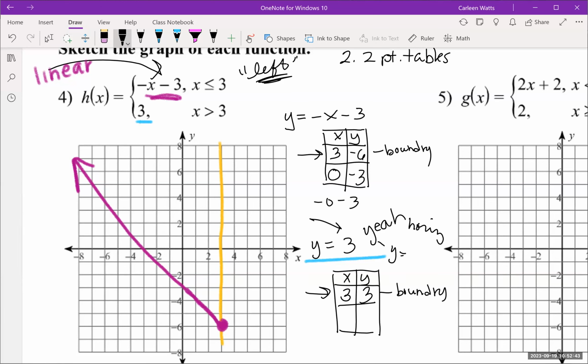Okay, so now do I need a point to the left of x equals 3 or to the right? Right, yeah. So a point to the right, let's do 4.